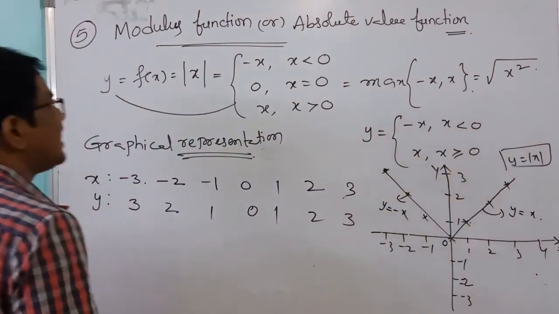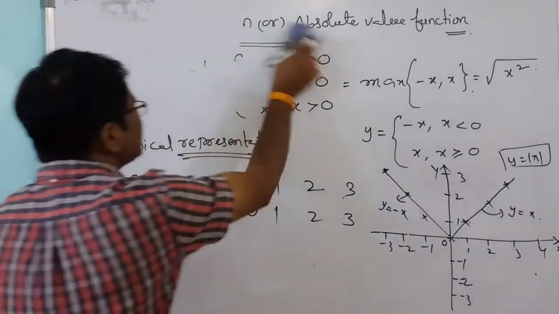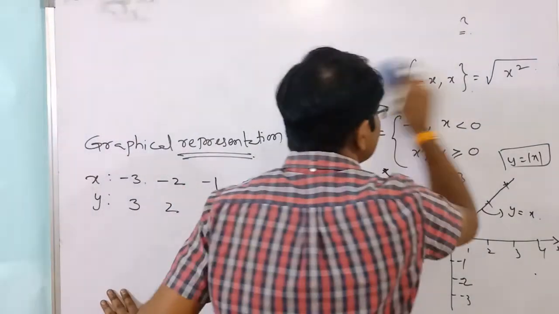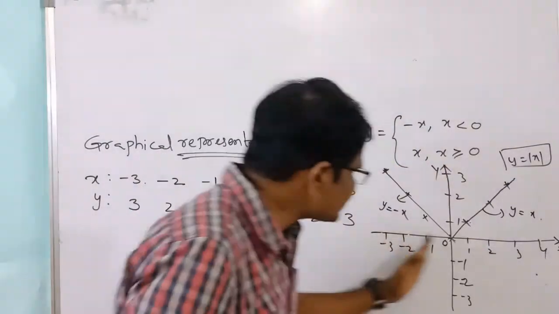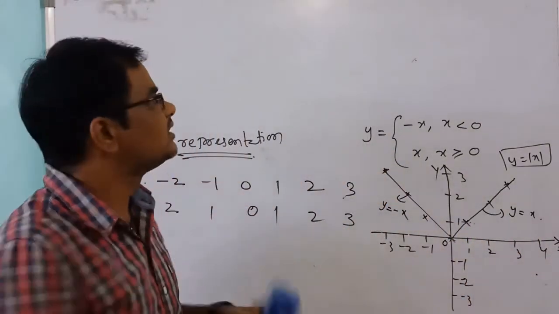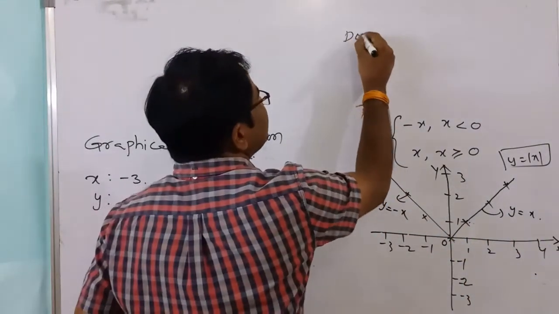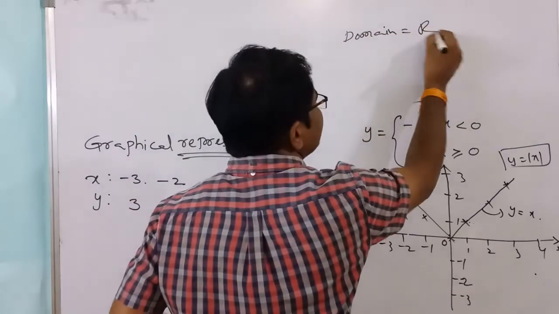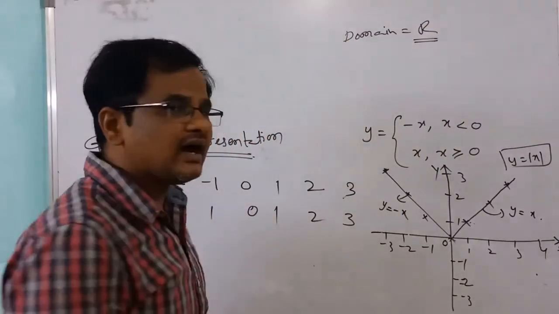Right? Now what is the domain and range of the modulus function? Once you observe the existence of X values, all the real numbers on the X axis you can take. So that's why the domain of this function is the real numbers. And what about the range?